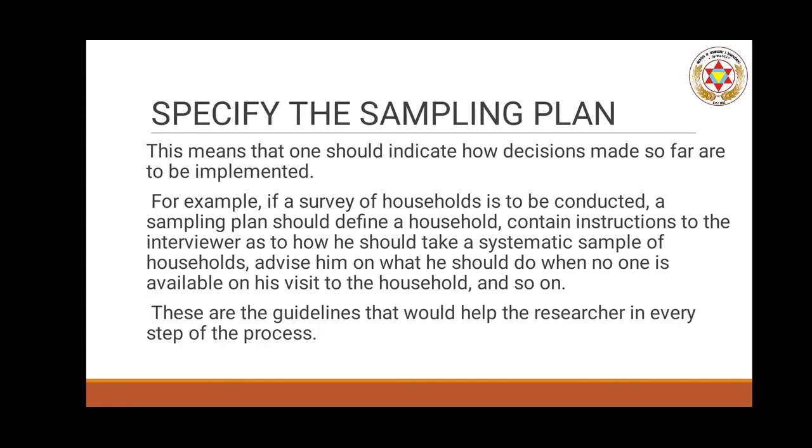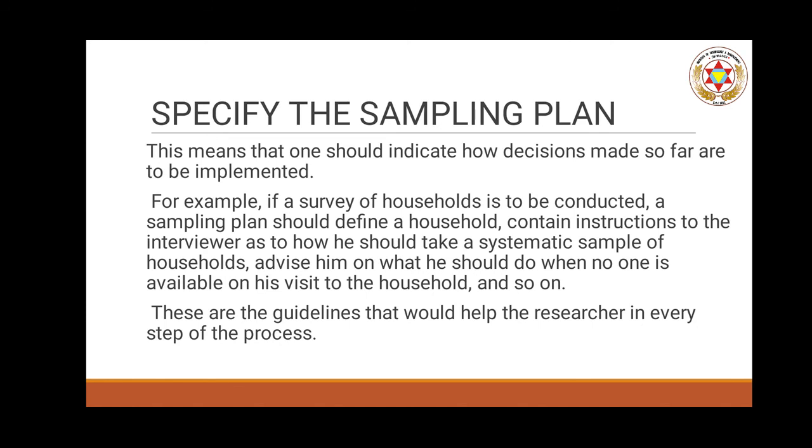The next step is to specify the sampling plan. It means that the researcher should indicate how the decisions made so far are to be implemented. For example, if a survey of households is to be conducted, a sampling plan should define a household, containing instructions to the interviewer as to how he should take a sample.